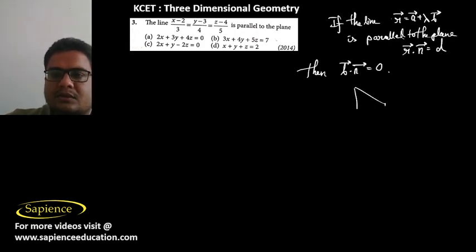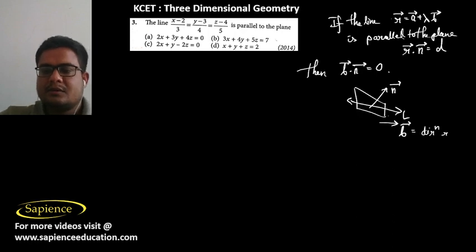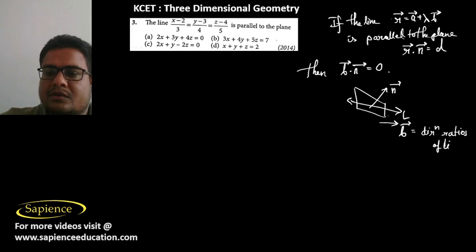Why? Suppose we have a plane, then the n vector is the normal vector to the plane, and if a line is parallel to this plane, then this b vector, which represents the direction ratios along the line, should be perpendicular to the n vector.